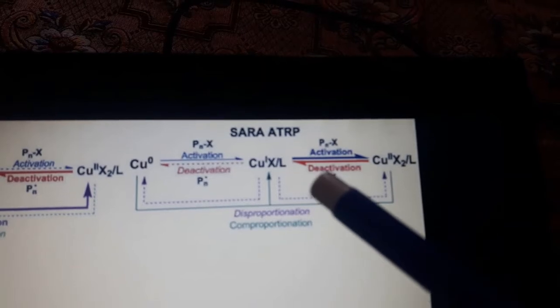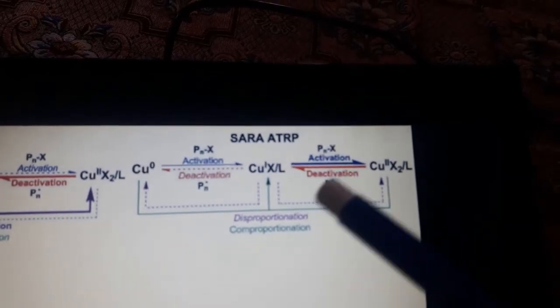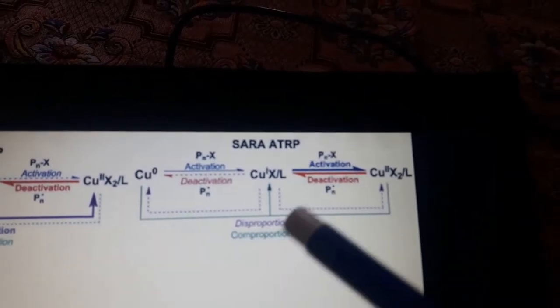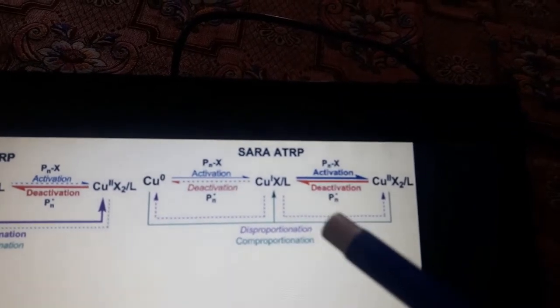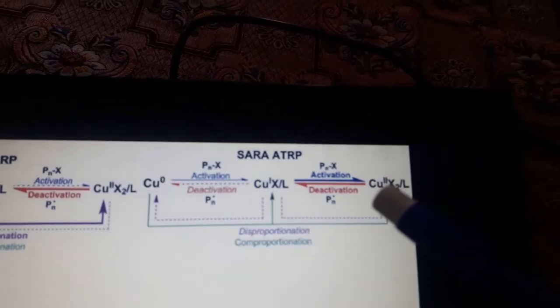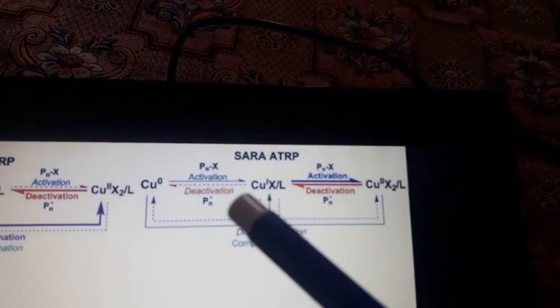This produces the free radical, and later in another step this carries out the propagation of the polymer chain, and this is converted to deactivator. So this is the main activator.